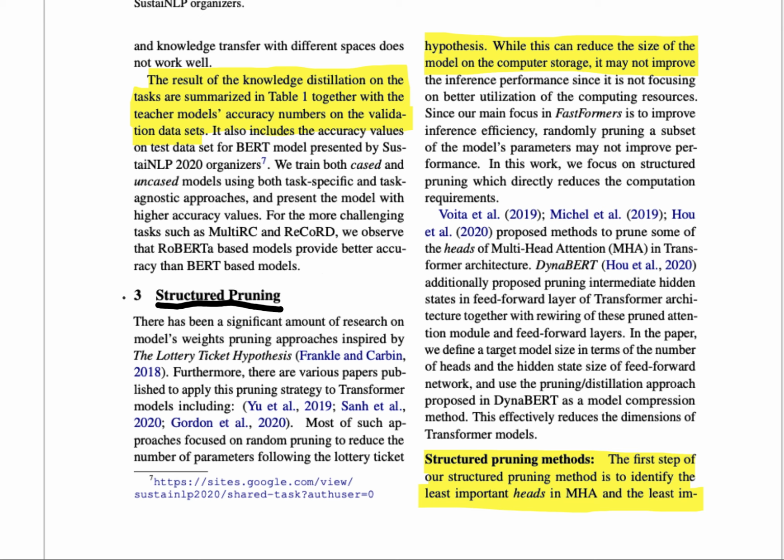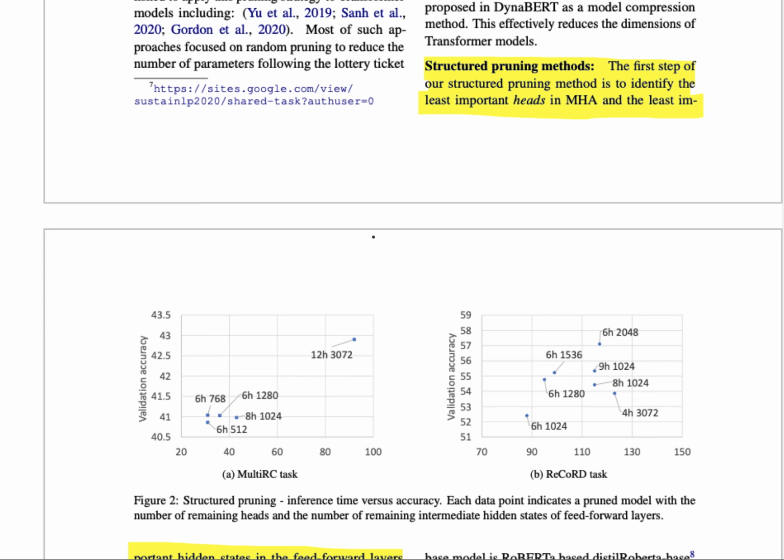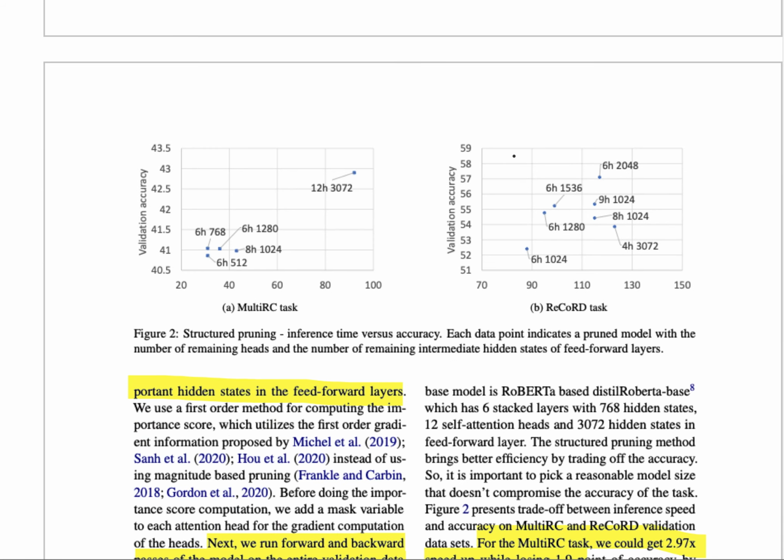Then the structured pruning task will identify what are the least important components in the network. That is essentially the idea. What are the least important heads, or the least important hidden states in your network? Now the question is how it will identify them. One of the methods which is popularly used is called gradient based information extraction.